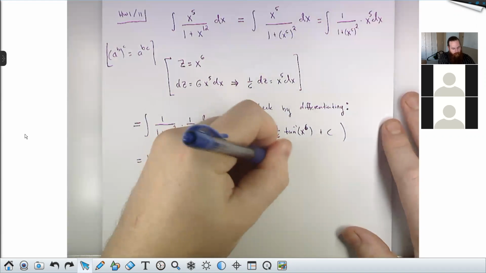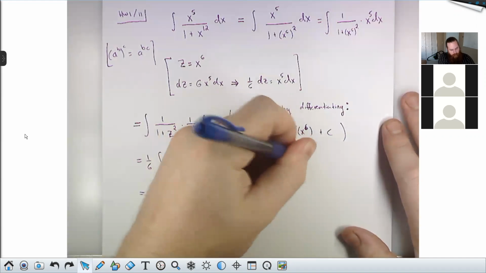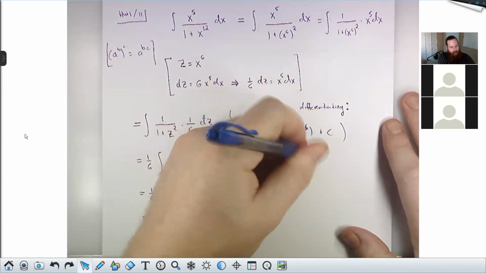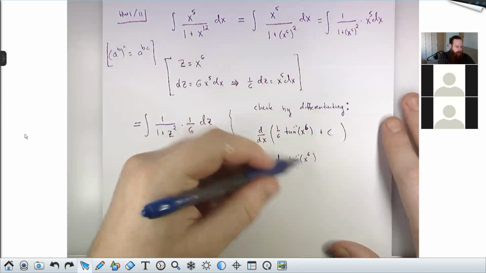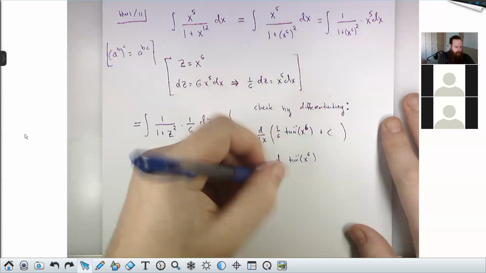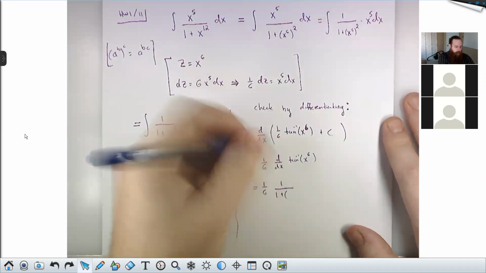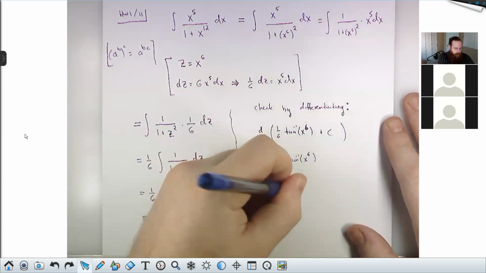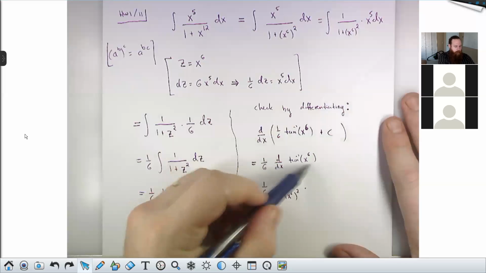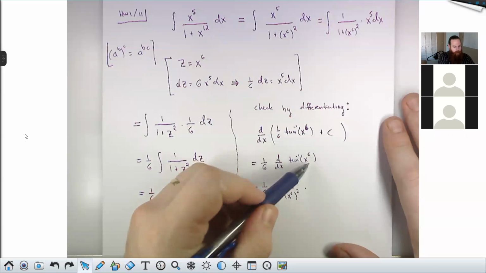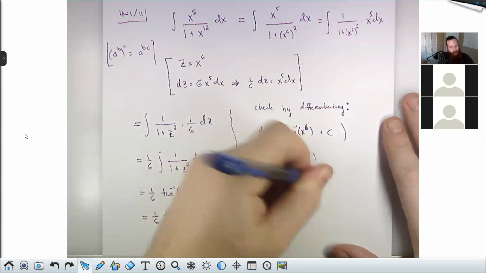And then we just have d/dx of arctan x to the 6. You have to remember that the derivative of the inverse tangent function is 1 over 1 plus whatever is inside there squared. So this will be x to the 6 squared. And then by the chain rule, you have to multiply by the derivative of the inside function, x to the 6, which is 6x to the 5.